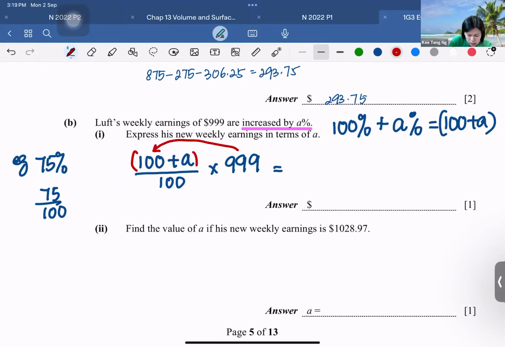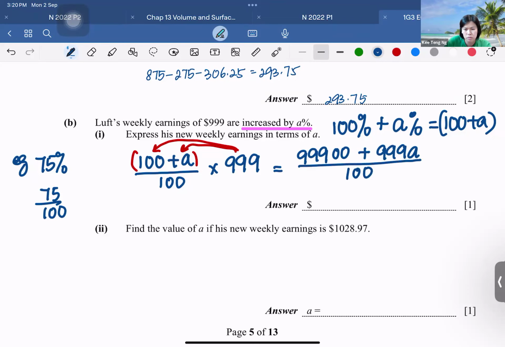So this one times 999 gives me 99900 plus 999A. Multiply everything out, the whole thing over 100. That's me. But I think some students, maybe you all prefer decimals. If you have decimals, then you get 999, you divide by 100 plus A divide by 100.